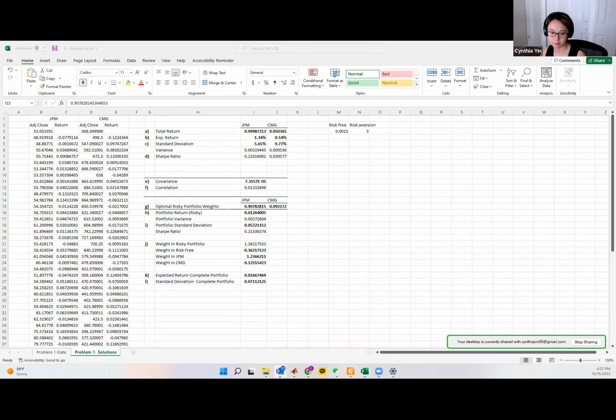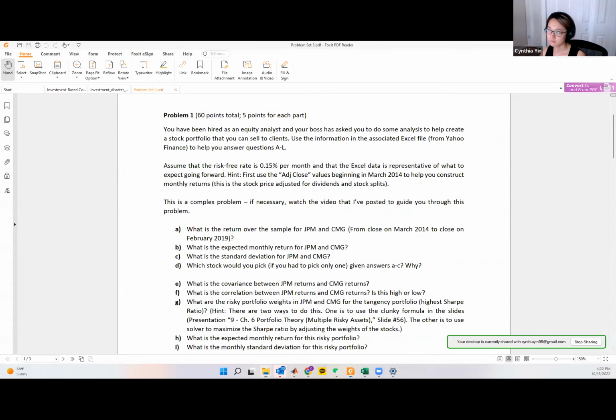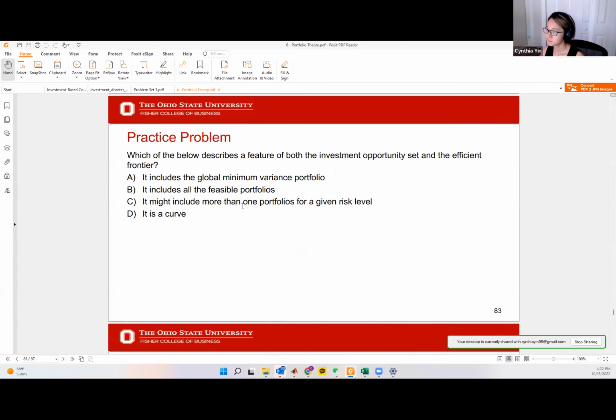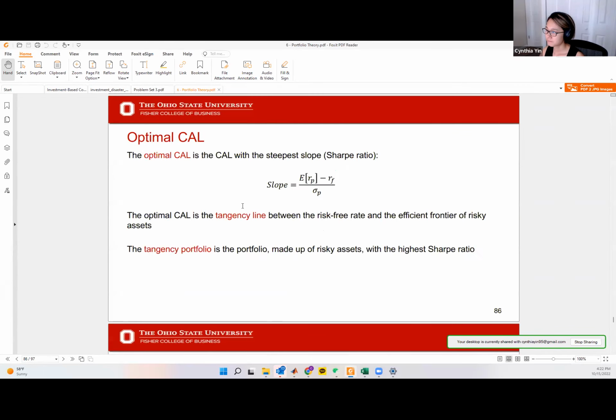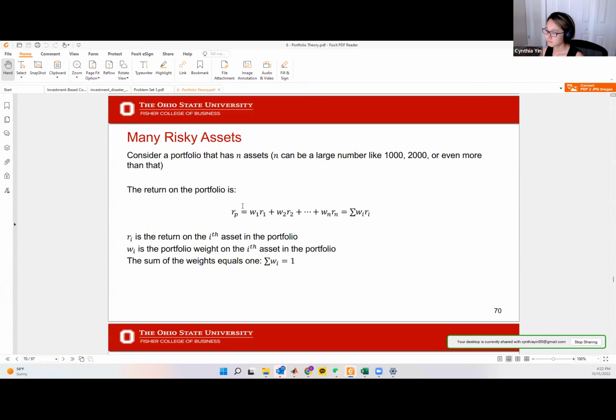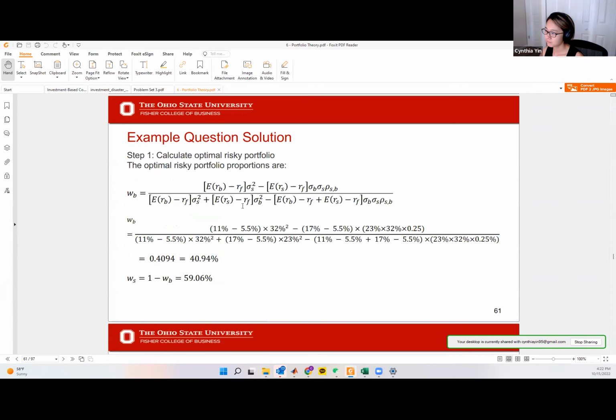Let me show you. Yeah, so it basically follows this formula.